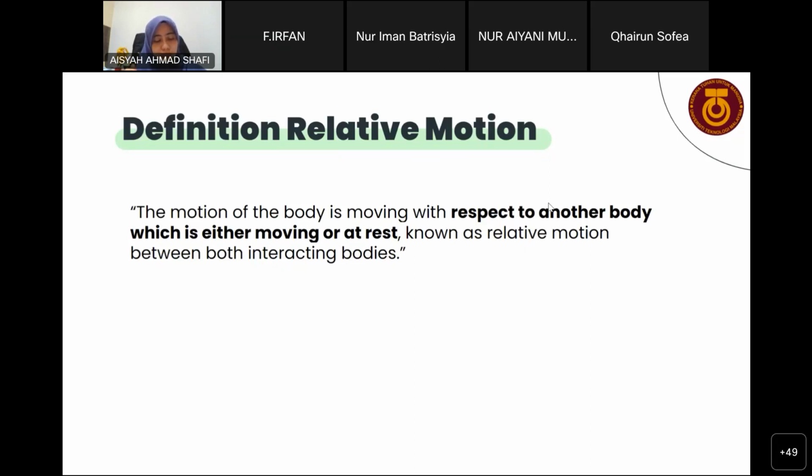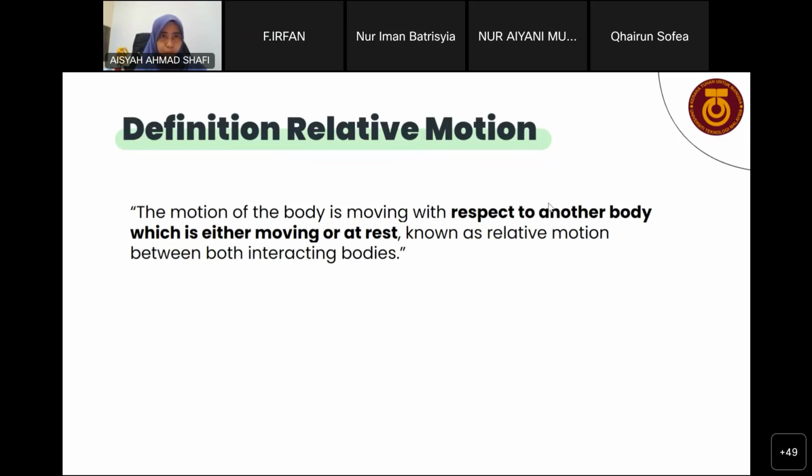For the angular analysis, we need dr dt and also dr d theta, because the coordinates are r and theta. So for the velocity analysis, you need to consider both to get the value of the velocity and also the acceleration. That is the kinematics in curvilinear motion.